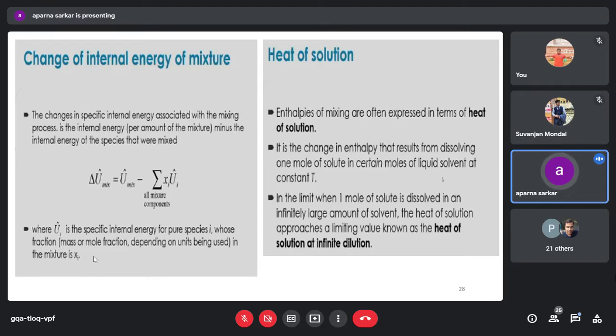Now, heat of solution. The enthalpy of the mixture is often expressed in terms of heat of solution.